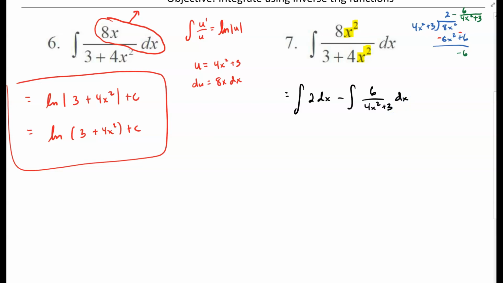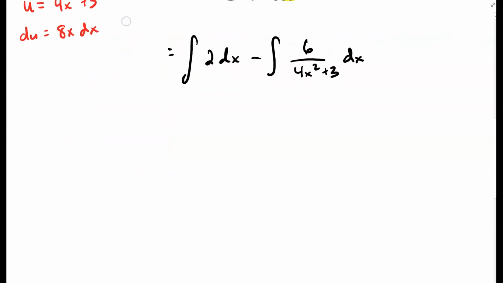Okay, and now I can go ahead. The first integral is very straightforward. I just have 2x. For the second integral, well, this looks like tan inverse form. So I have a u that is 2x.